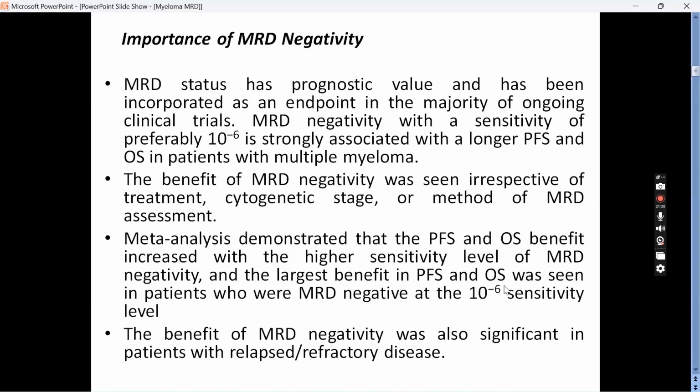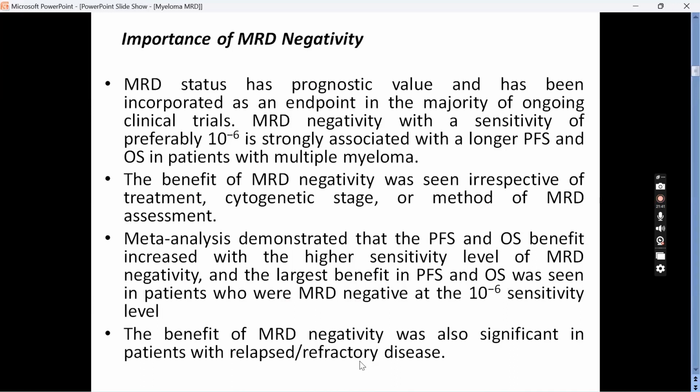That patient may still relapse. The problem is that you have not done a high sensitivity myeloma MRD. You have done a conventional MRD, which may not be helpful, and the disease may relapse because you have not detected the residual disease, which would have been detected by next generation flow cytometry or a more sensitive flow cytometry acquiring a higher number of events.